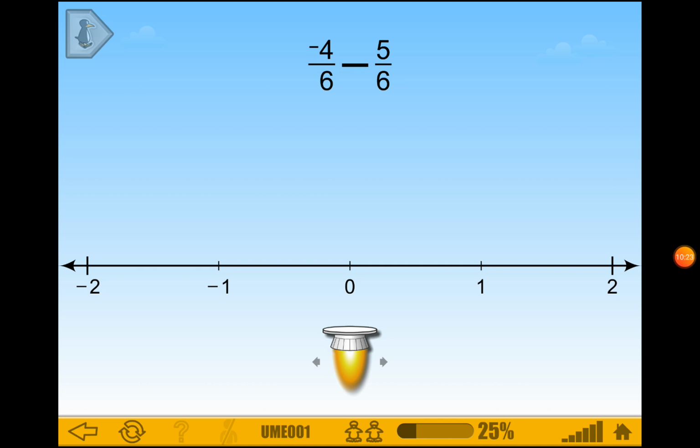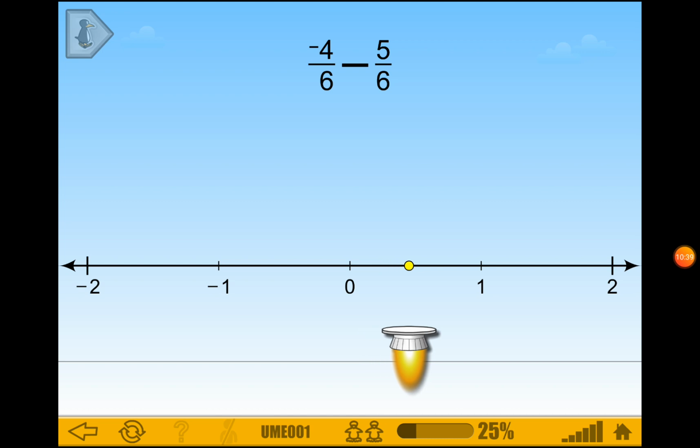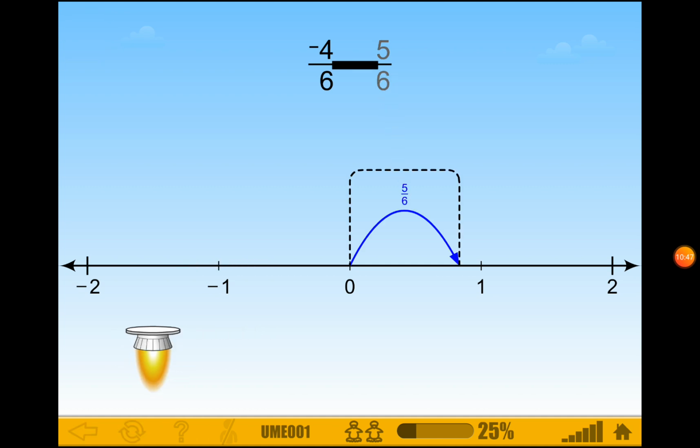Okay. So now we have -4/6 minus 5/6. So in this one, -4 minus 5 would be negative 9, and then the 6, which is the denominator, would stay the same. So this would be negative 9 over 6, so this is negative 6 over 6, then this is negative 9 over 6, right there.